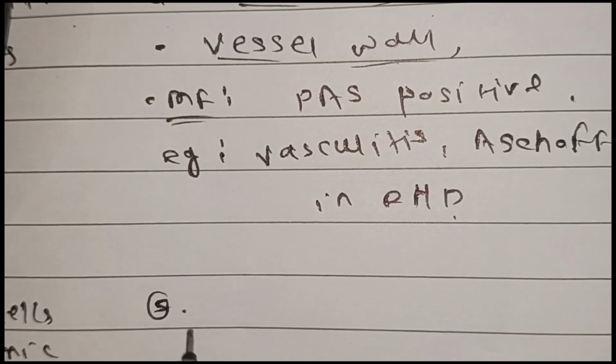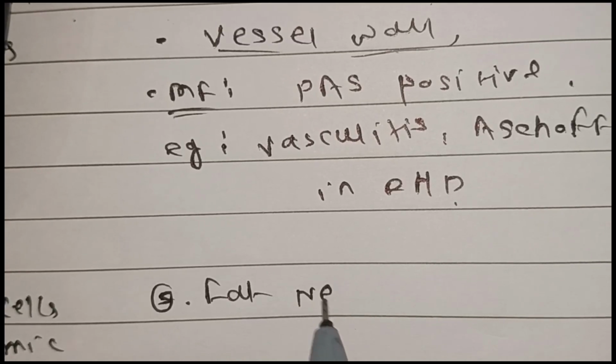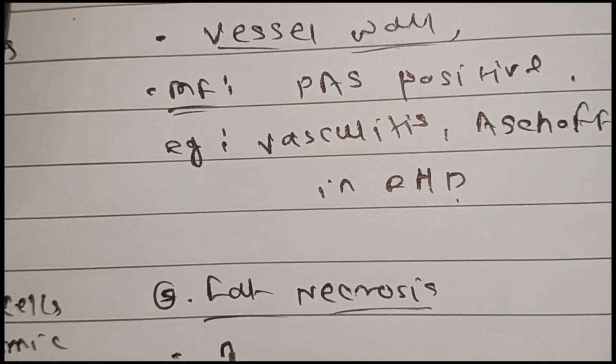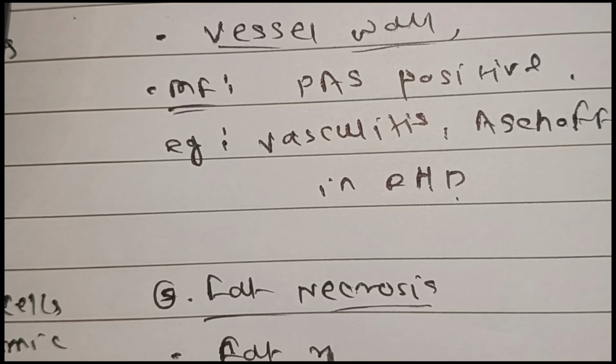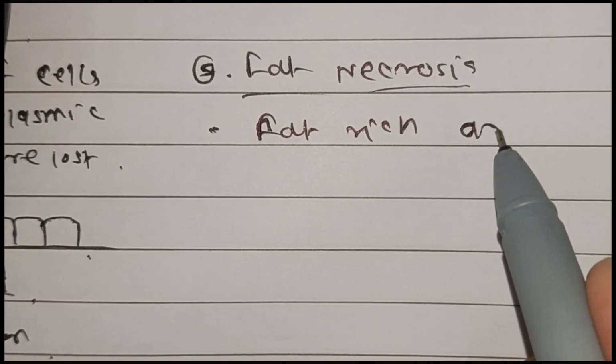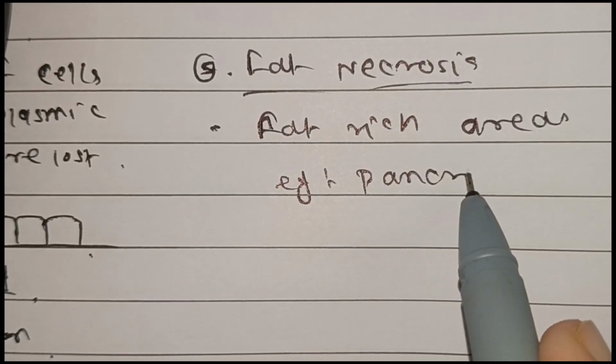Then the last, the fifth type, is fat necrosis. Fat necrosis mostly occurs in fat-rich areas like the pancreas.